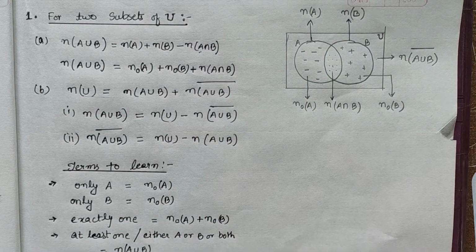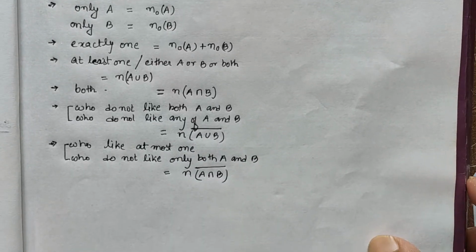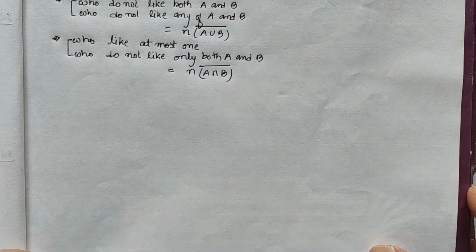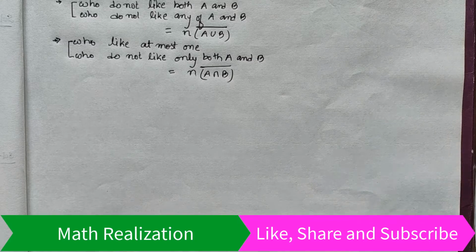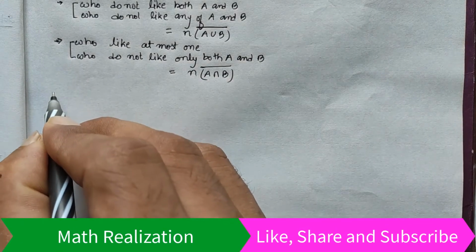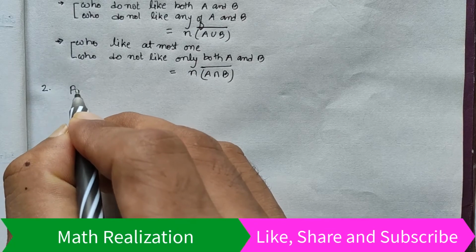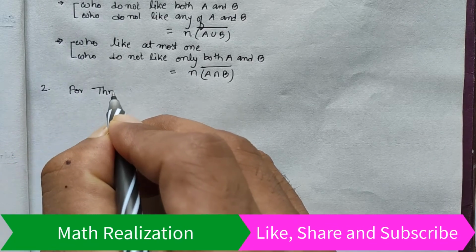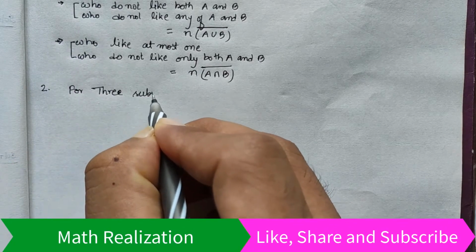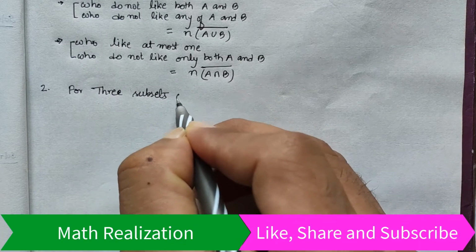Other formulas you can get from there. And now we will move on to the formulas related to three subsets of universal set U. So the second one is for three subsets of U.